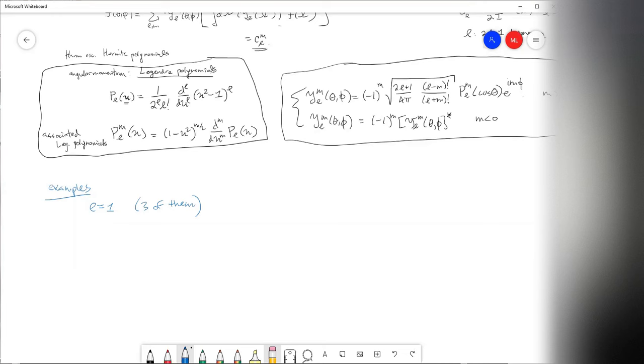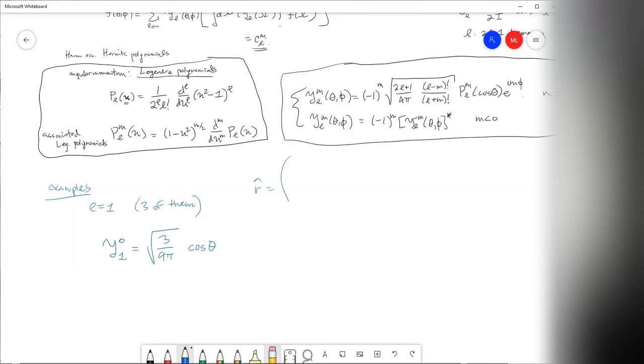Unsurprisingly, they're going to be related to the components of the position coordinates. If you work it out, the m equals 0 one is the square root of 3 over 4 pi cosine theta, and that's like the z component of the coordinate vector.